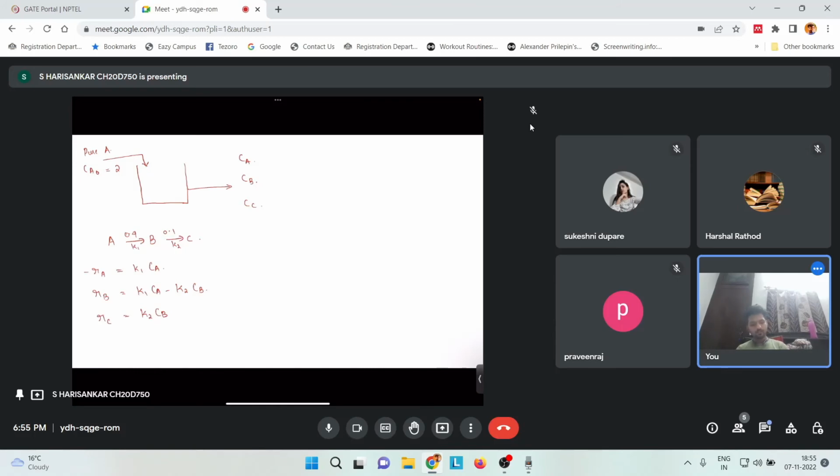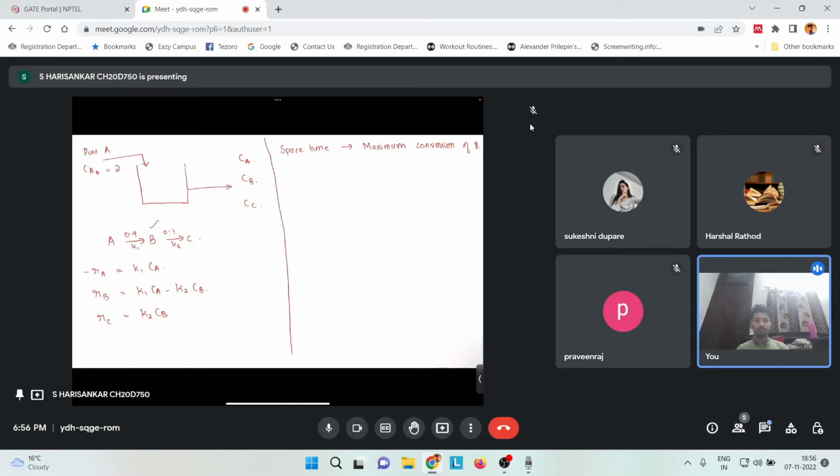Right. So now they have said that the space time or the residence time is such that it has the maximum conversion of B. This basically means this space time has the maximum conversion of the intermediate product in the series reaction.